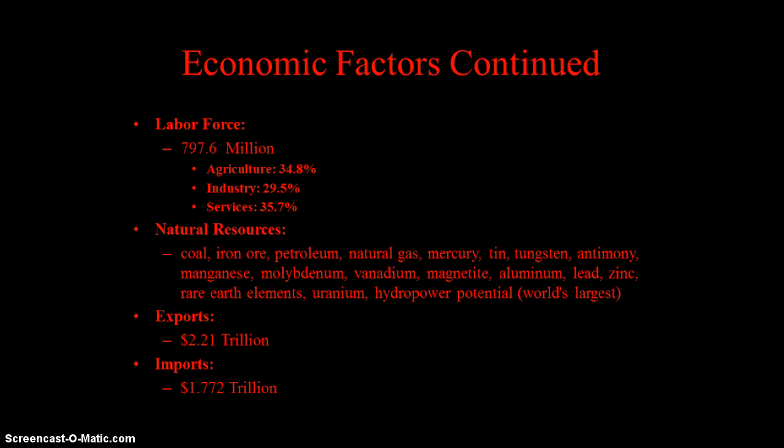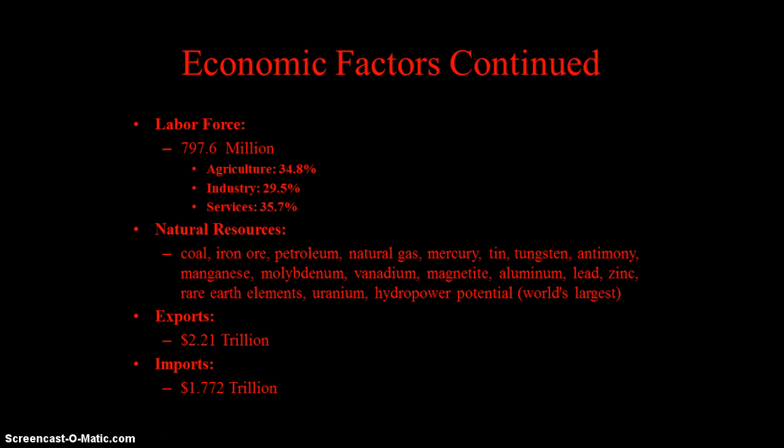They are major in machine building, textiles and apparel, petroleum, cement, chemicals, fertilizers, consumer products, etc. I could definitely go on. There's a long line of industries China participates in. Some of the natural resources they get for partaking in these industries are coal, iron, petroleum, natural gas, mercury, tin, tungsten, etc. As you can see, there's a decent list.